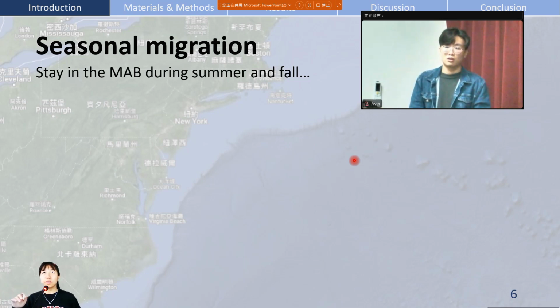But your question is whether they only migrate in summer, and fall is also there. But maybe in the fall the number of sharks is not as many as in summer. Yes.